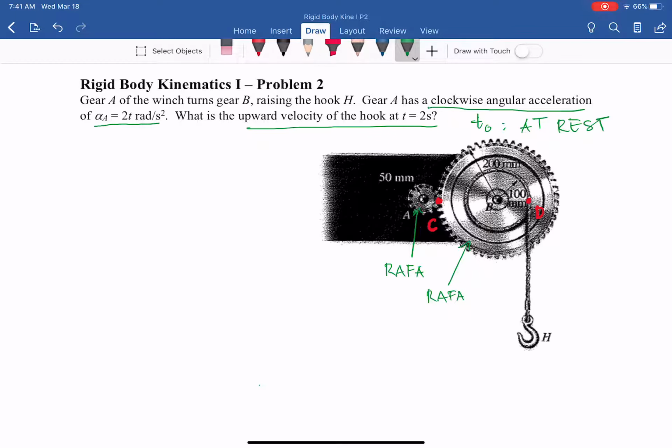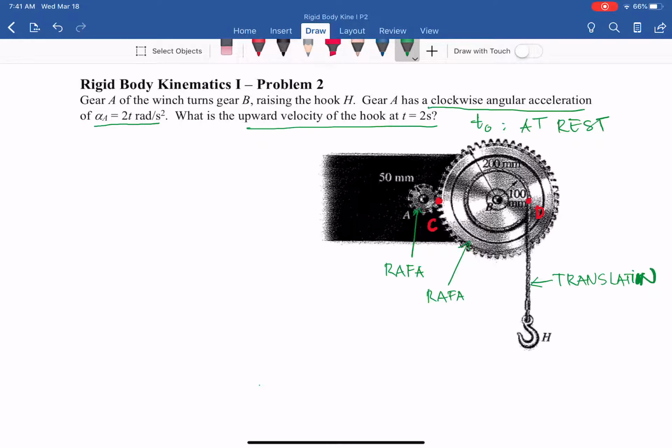And then the hook, as you can see, hook HD just goes vertically. It's not rotation, so we can consider it translation. No rotation here, so the body is in translation. And when it is translation, any point on the body will have the same velocity, same displacement, same acceleration.